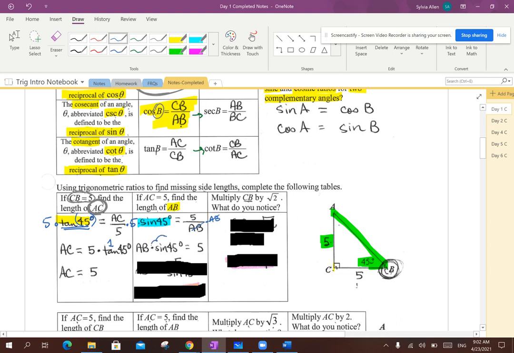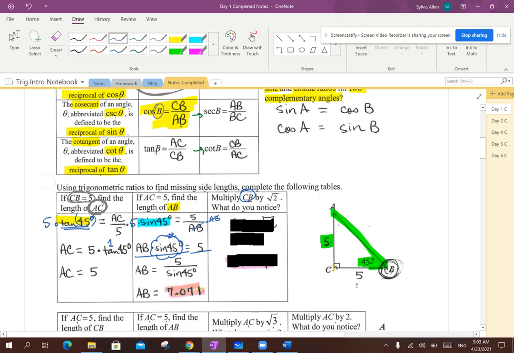Remember that sine of 45 degrees is a number. So that means we're going to have to divide by sine of 45 degrees. So AB is 5 divided by sine 45. When you put this into your calculator, you've got to be very careful and you should get that approximation. All right, so now it says, well, multiply CB.